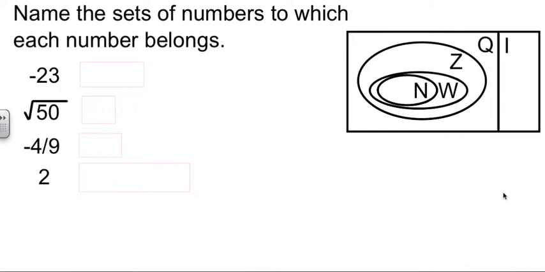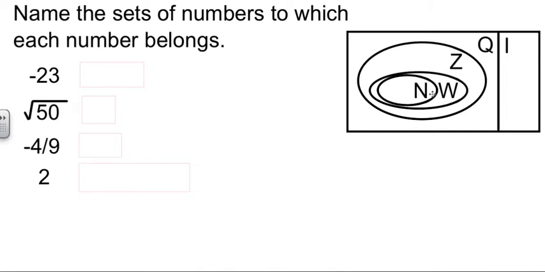And for whatever reason, it likes to add a blank page sometimes. So I've got the same picture here to help us find things. Our job is to name the sets of numbers to which each one belongs. So we have something like -23. Where does -23 fit?